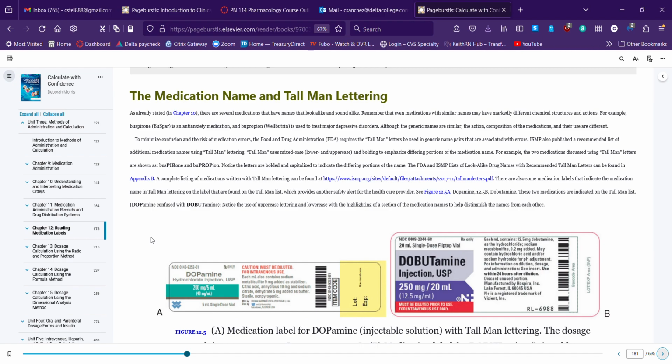All right, so tall man lettering. What does that mean? Anytime you see a drug like these, dopamine or dobutamine, if you see these in large or all caps, that means that this is a look-alike drug. The spelling of it is very close to the spelling of another drug.